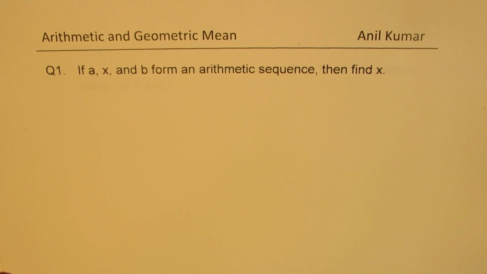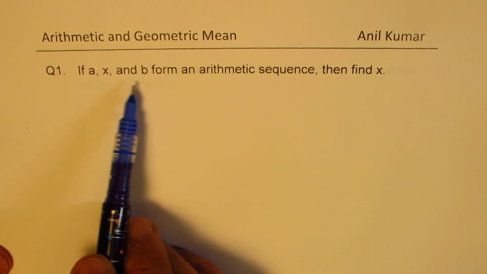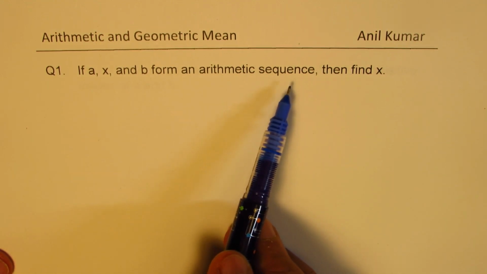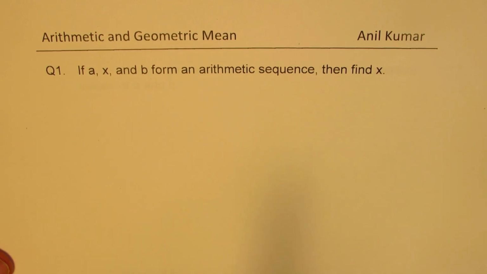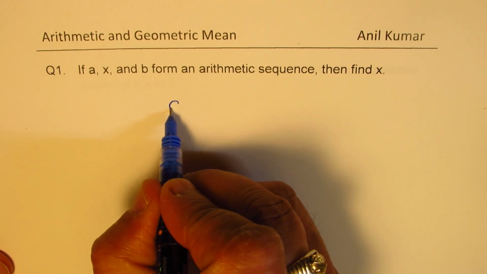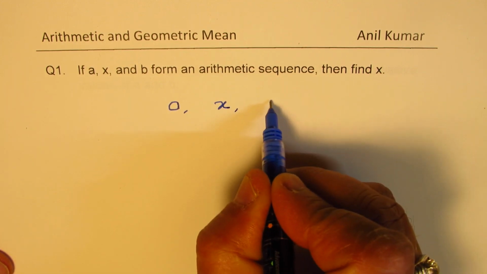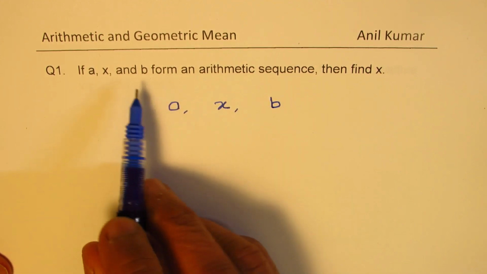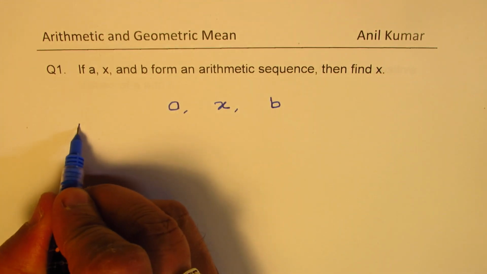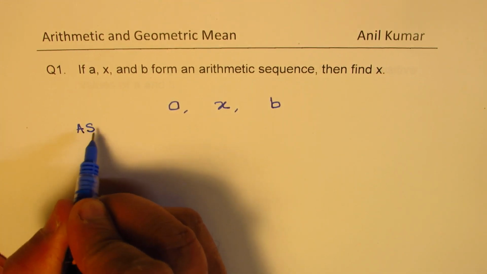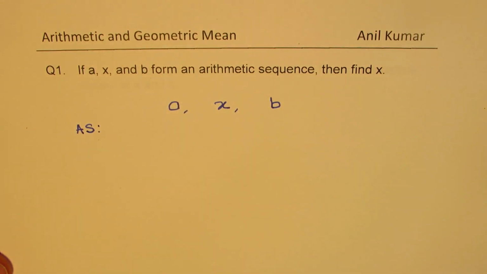So question number 1 is: if a, x and b form an arithmetic sequence, then find x. So we have 3 terms in this. One is a, the second one is x, and the third one is b. So we are saying they are an arithmetic sequence. So what does arithmetic sequence really mean?